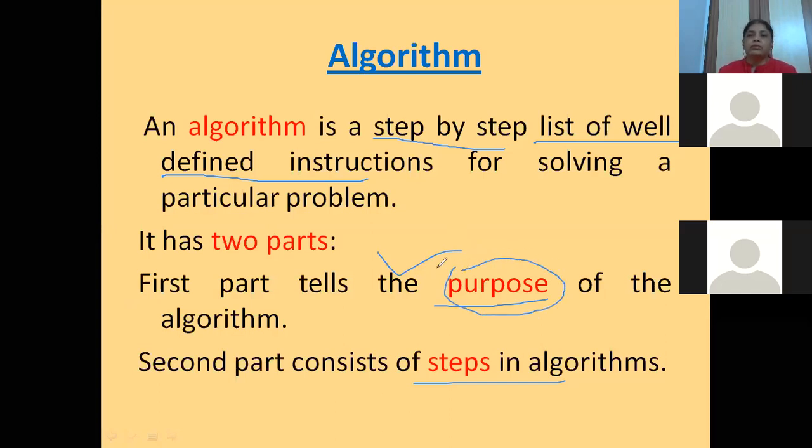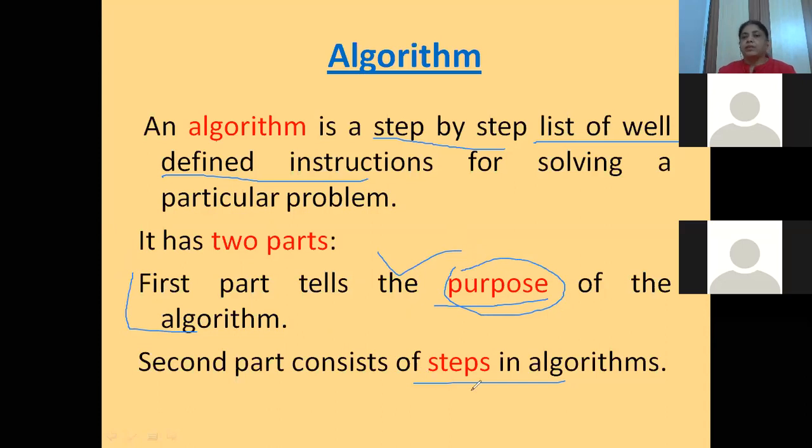Here you will write what is the purpose, why you are writing this algorithm and what type of variables you are going to use in that algorithm, that you have to define in this first part or the paragraph, which means 2-3 lines you have to write about the algorithm.